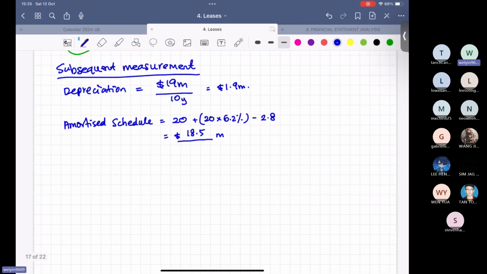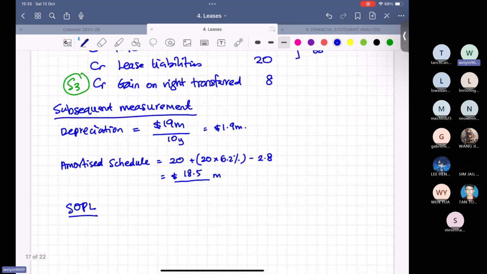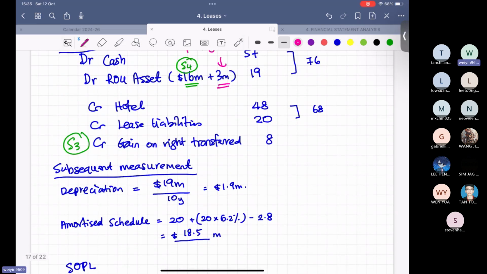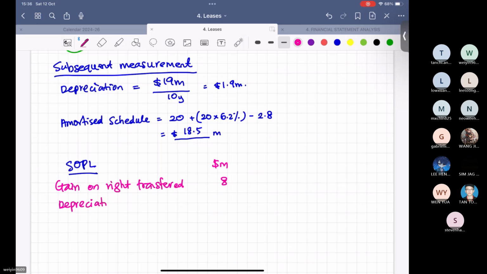So the amounts to be recognized in my SOPL: first, I have this one, gain on right transfer, 8 million. Number 2, I got depreciation, 1.9.